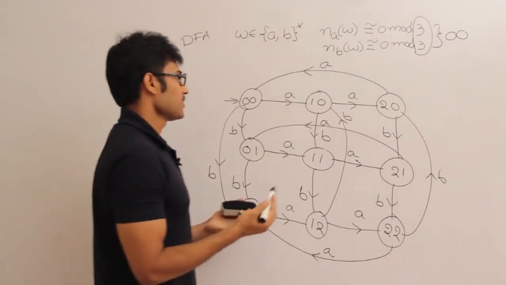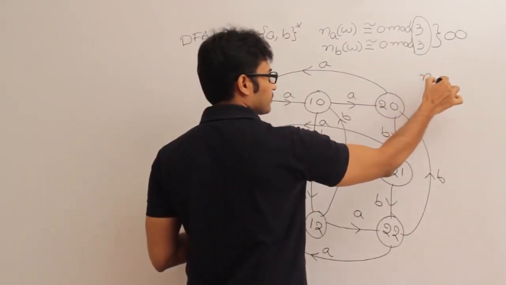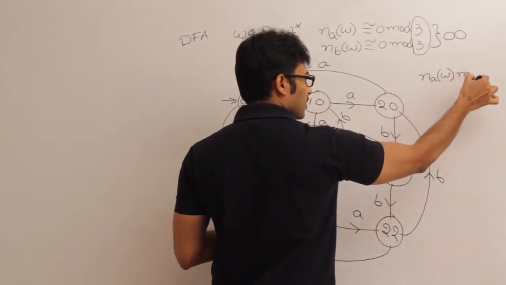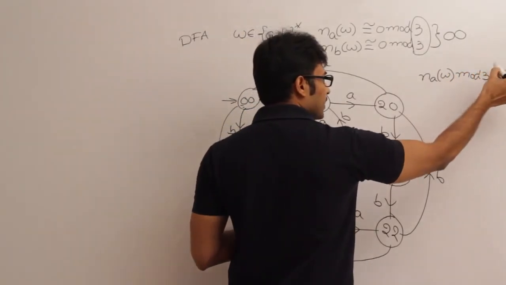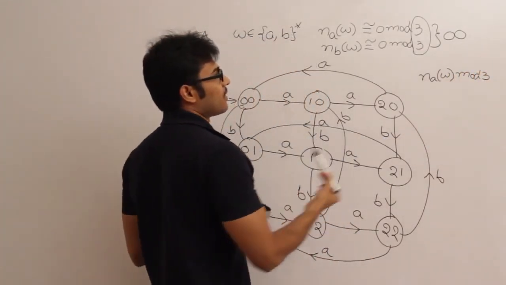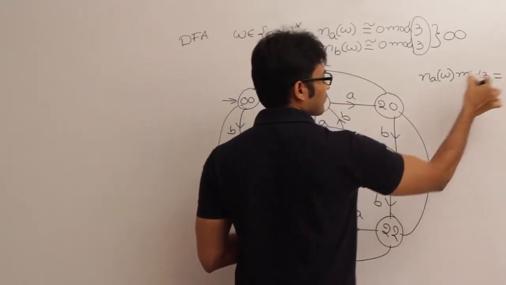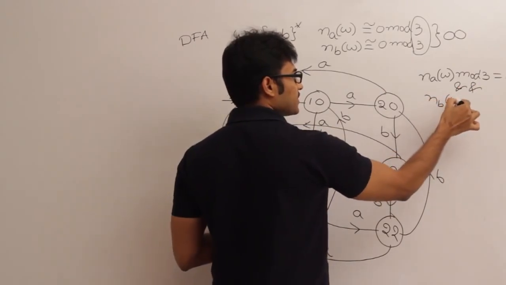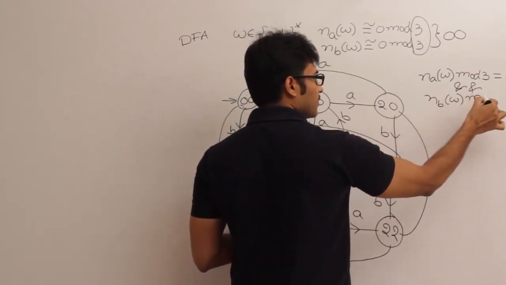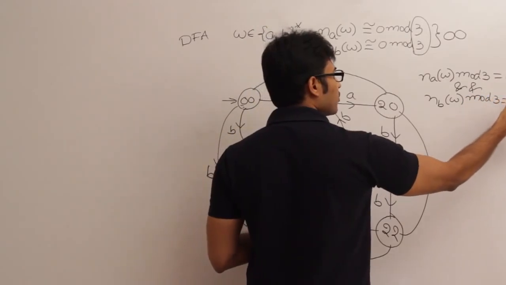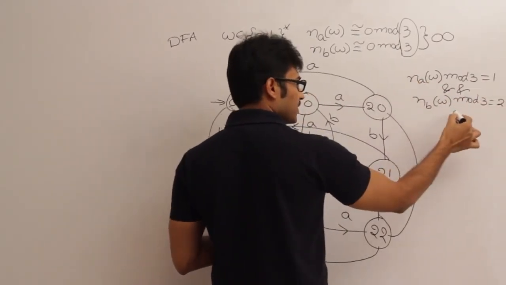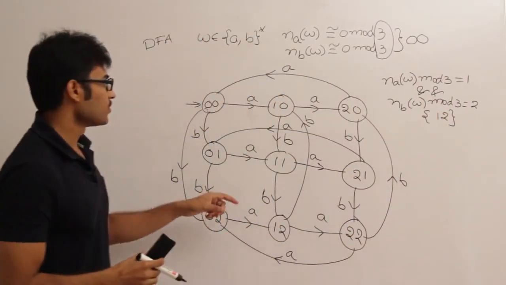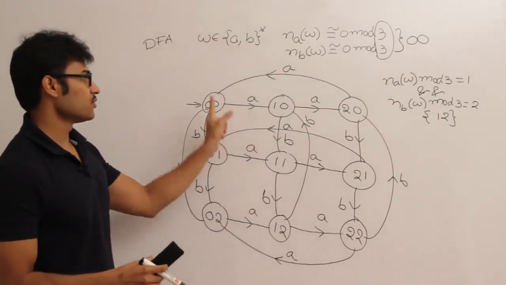Let us say the question is: the number of A's in the string mod 3 is equal to 1 and the number of B's in the string mod 3 is equal to 2. Then in this case the final state is going to be 1, 2, this one, not 0, 0.